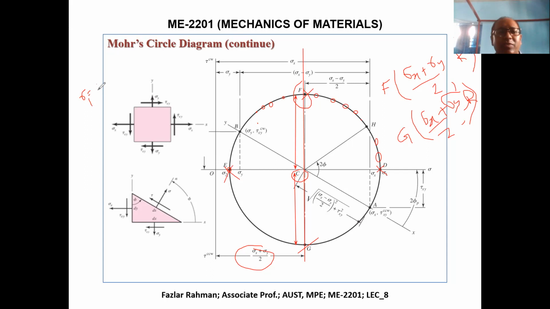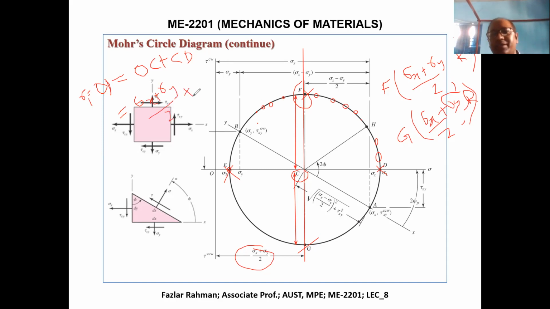So sigma 1 is actually equal to the distance OD, right? So what is the distance OD? I can say OC plus CD. Now, what is OC? Sigma average. So OC equals sigma x plus sigma y divided by 2, plus CD.